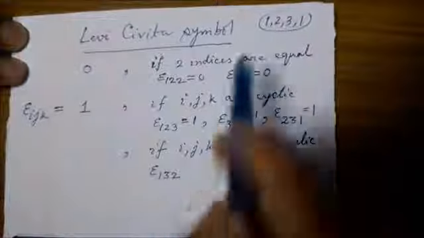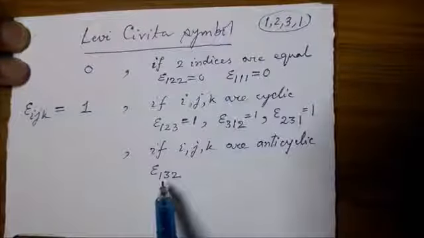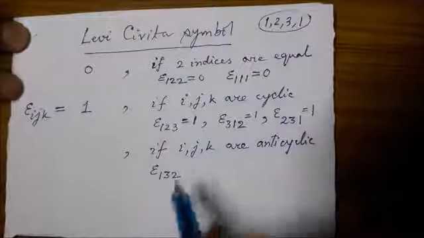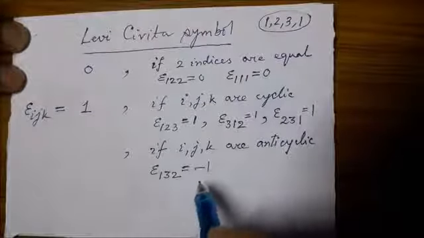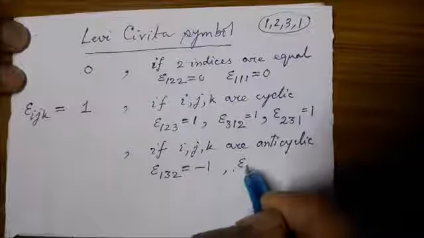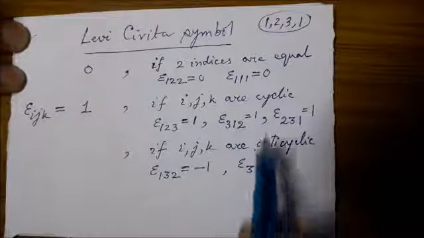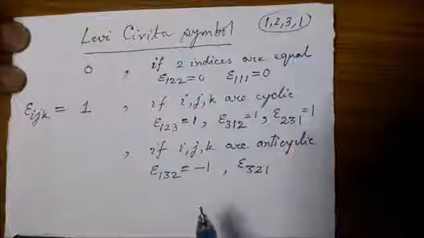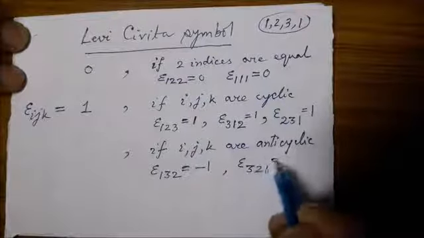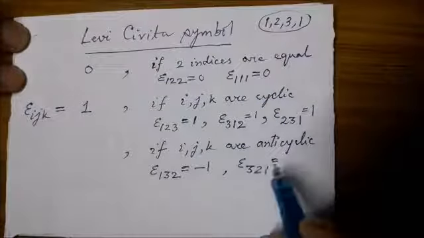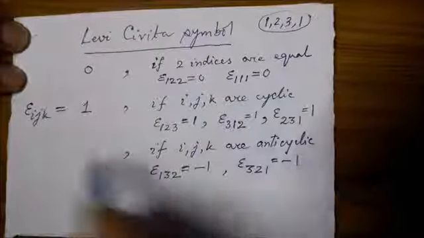So here after 1, 2 should come, but here 3 is there. So the cycle is broken. So in such a situation the value of it will be minus 1. Similarly epsilon 3, 2, 1. We see that after 3, 1 should come, but here we find 2. So it is anticyclic. The chain is broken. So the value of it is minus 1.